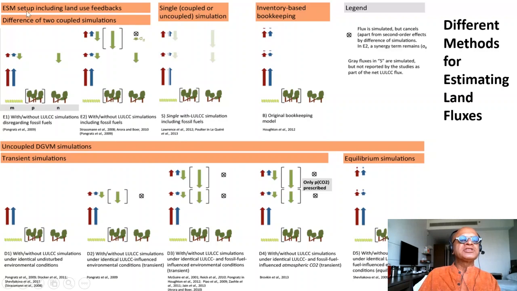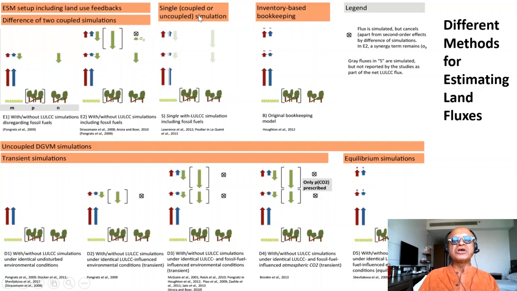Okay, so Earth system models are set up including land use feedbacks as one way of measuring the exchanges, and they can be done with and without land use and land change simulations, disregarding fossil fuels. So in the models you can take things out and in to see how the feedbacks actually work.